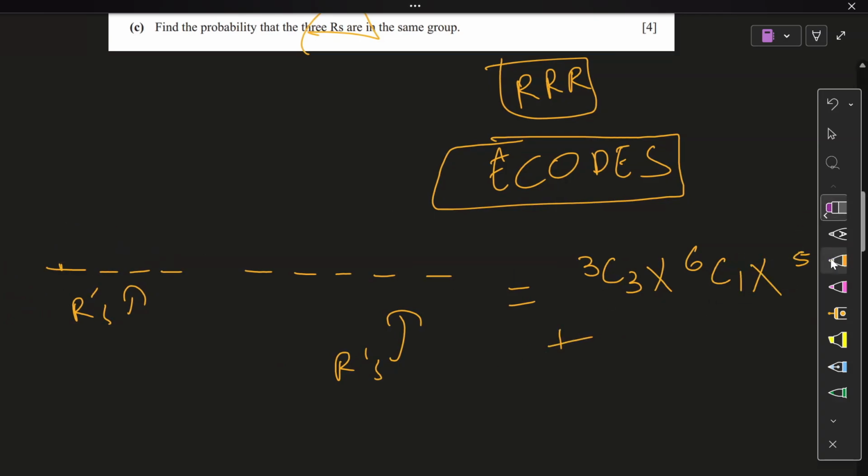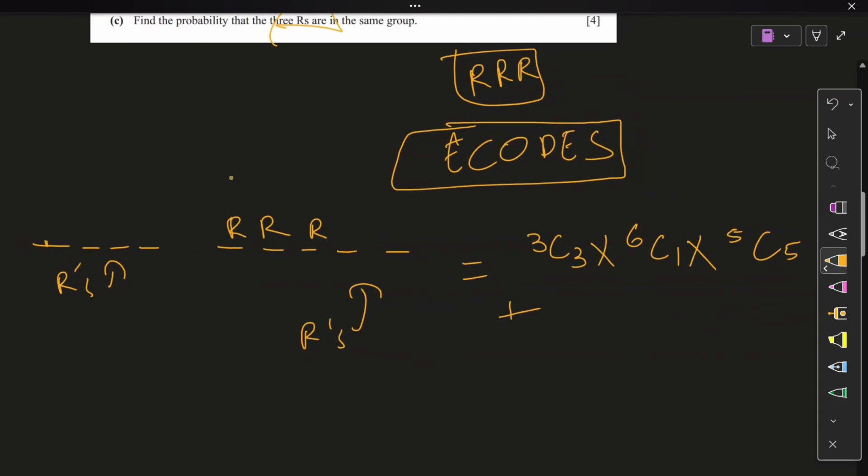Let's try again. For the second case, all the R's are in this group. So, starting off with the same routine, starting from group 4, right? Because I filled group 4 first in the first case, I will also fill group 4 first in my second case. But the R's are to be selected in group 5, right? So, I'm going to fill that group of 4 from the group of 6, so 6C4.